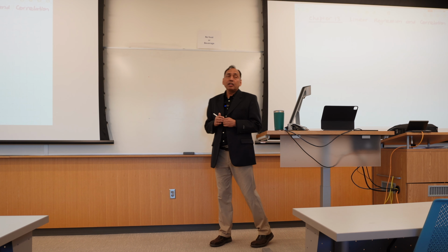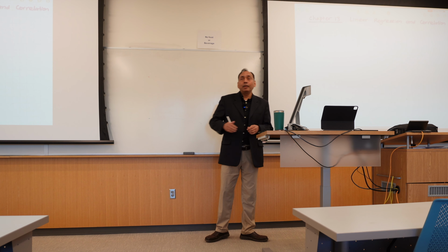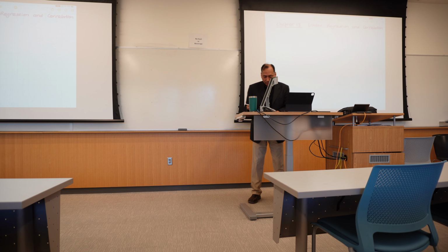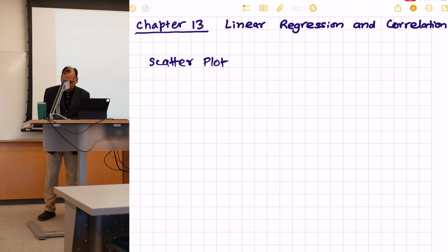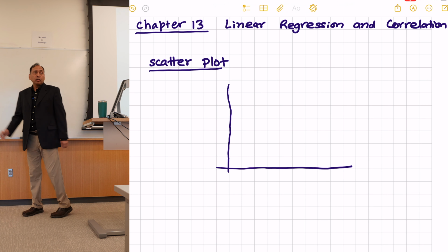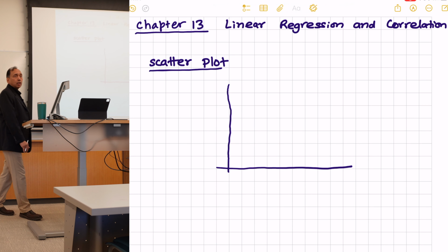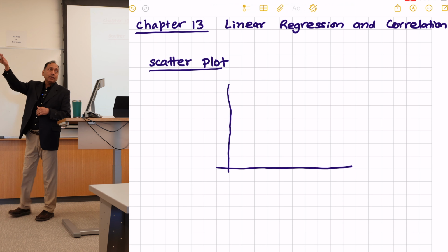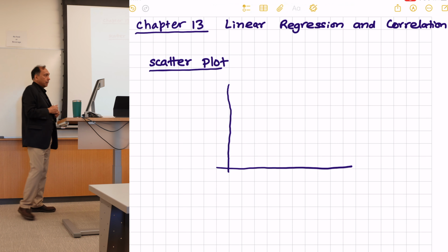Somebody may be interested in figuring out, let's say, height versus arm span, fingertip to fingertip, what is the length, and you may plot that on a scatter plot. When we make a scatter plot, the variable that we want to predict or estimate goes on the y-axis, and the variable that we are using to estimate the other variable goes on the x-axis.